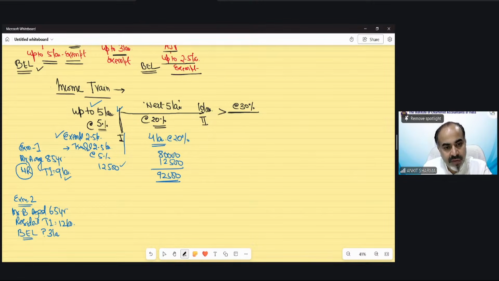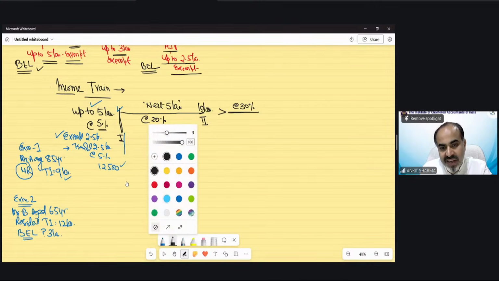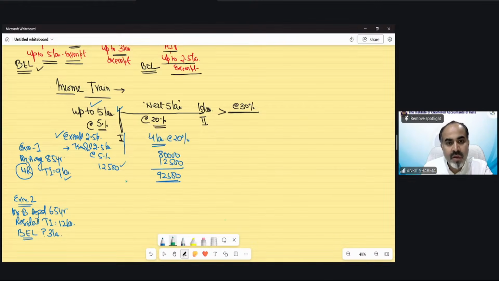Very correct. Now we need to calculate the tax in this situation. Out of this 5 lakh rupees, in this case the basic exemption limit is 3 lakh. So the balance left is 2 lakh rupees, and it is going to be taxed at the rate of 5%.